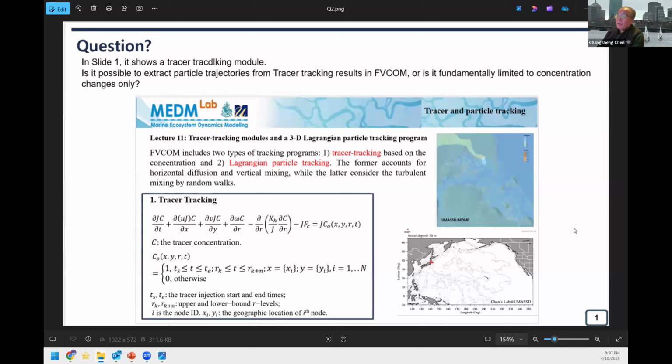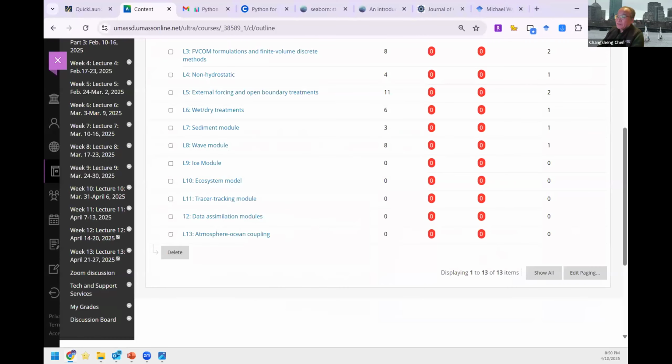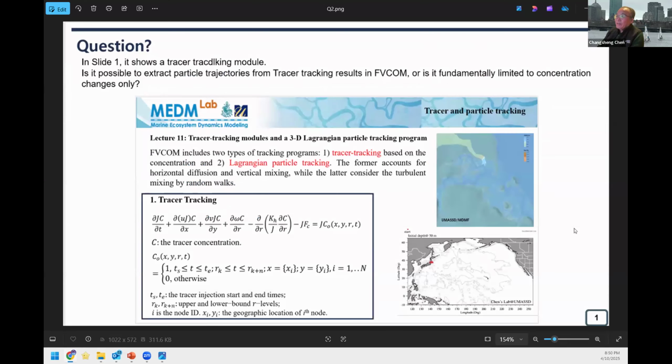I had a paper comparing with the dye experiments on Georges Bank. We put a dye in the water and wanted to track it. Some people asked, if you put a dye in the water, you can put a particle into the water, so the dye trajectory should look like the particle trajectory. No, completely different. Dye can expand vertically and horizontally. If you put dye at the bottom, it can advance vertically and horizontally.